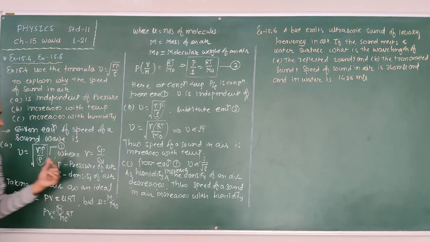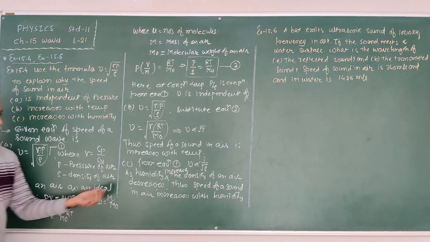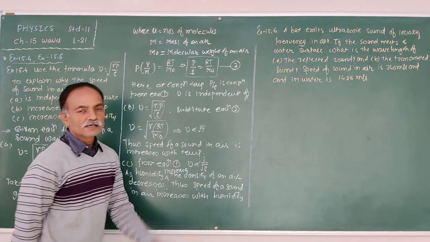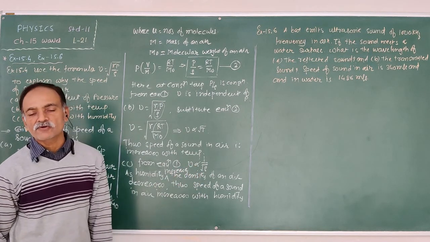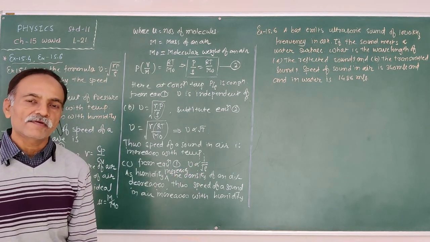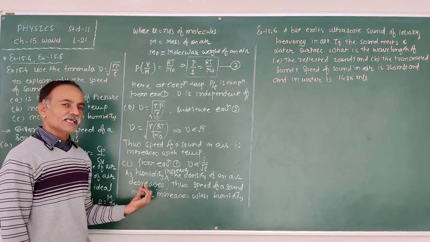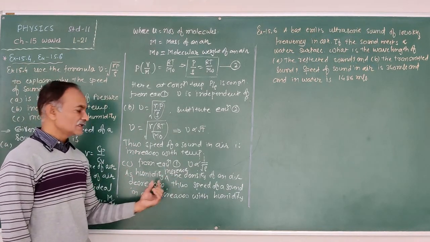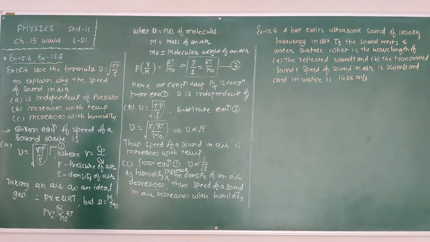Because from the first equation, V is equal to under root of gamma P upon rho, so V is equal to under root of gamma P times 1 upon under root of rho. Therefore, V is inversely proportional to the square root of density. As the humidity increases, the density of air decreases. Thus, the speed of sound increases with humidity.